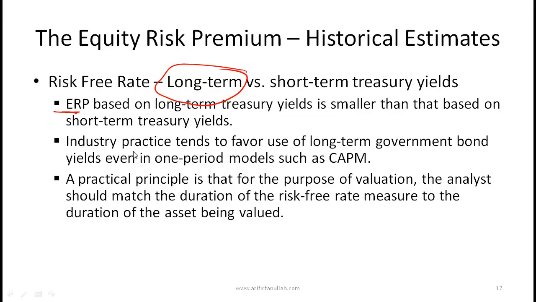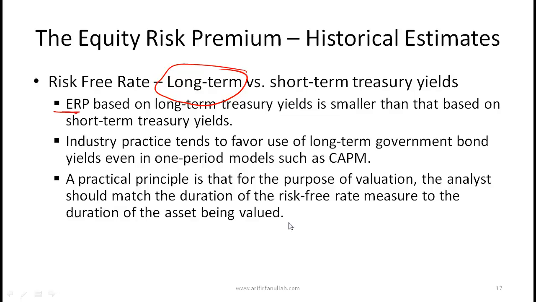longer-term bonds. Industry practice tends to favor the use of long-term bond yields, even if you are using a one-period model such as CAPM. A practical principle is that for the purpose of valuation, the analyst should match the duration of the risk-free rate measure to the duration of the asset being valued. Does that make sense?